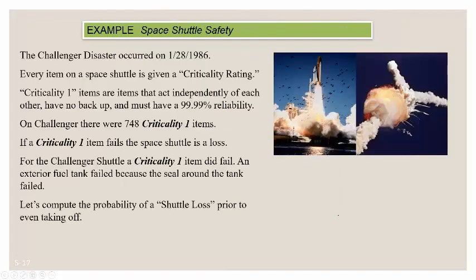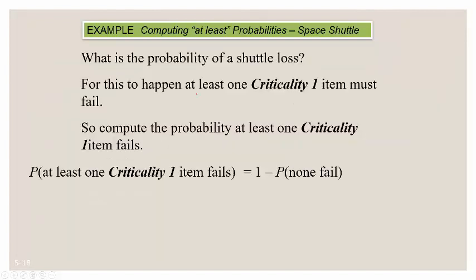Well, going back real quickly, it said they must act independently of each other. So I told you they're independent. So it's the first works, and the second works, and the third works, and all the way to the 748th works. So it would just be 0.9999 times itself 748 times.